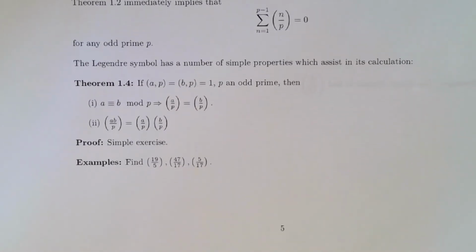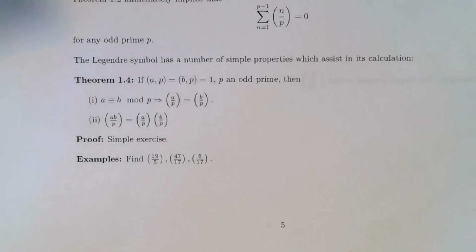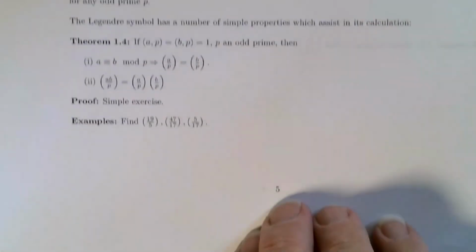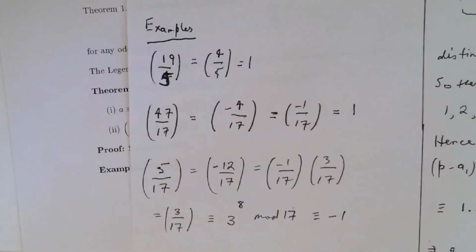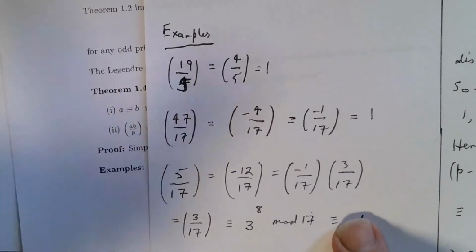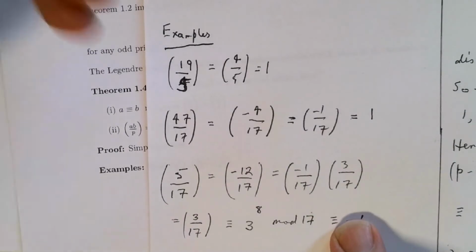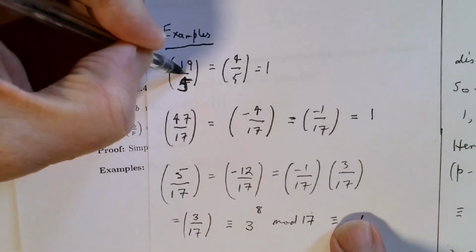Well, we better get a little bit of practice at calculating with these Legendre symbols, so we'll calculate a number of these little ones here. Here are some examples of calculating these Legendre symbols. So 19 over 5.